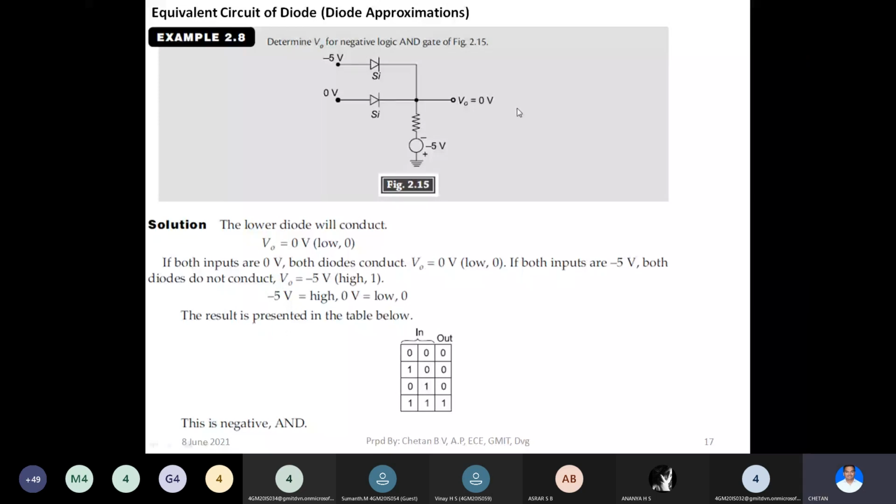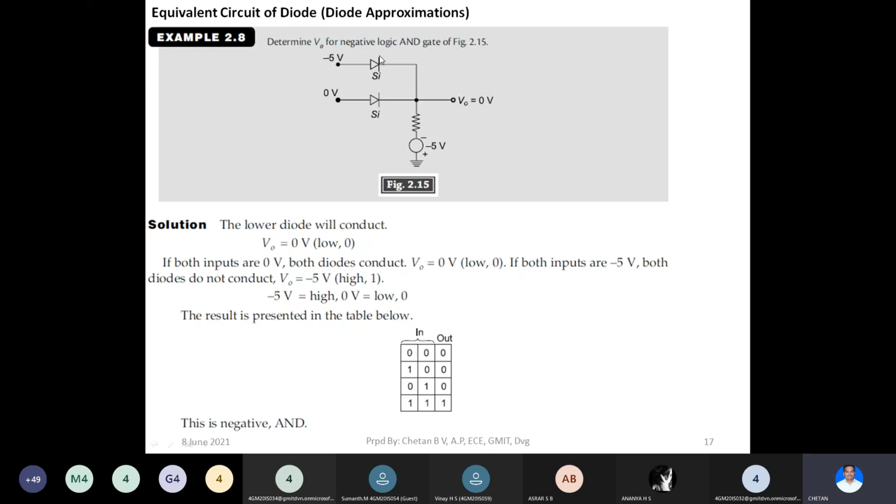So the logic AND gate is realized using this diode circuit. Here also, negative logic means minus 5 volt is used to represent logic 1 and 0 volt is used to represent logic 0. So consider this circuit, right? We have two diodes, both silicon diodes.